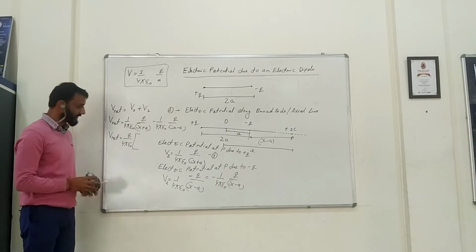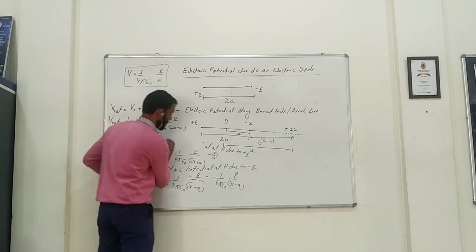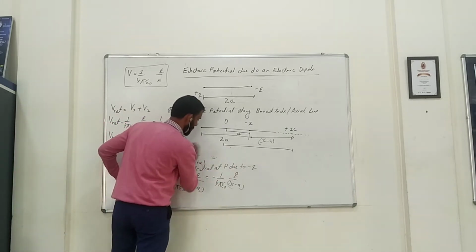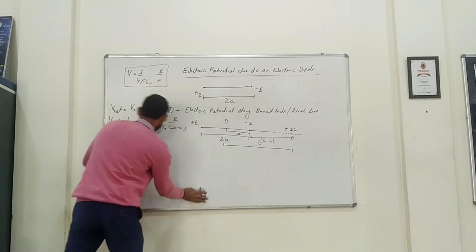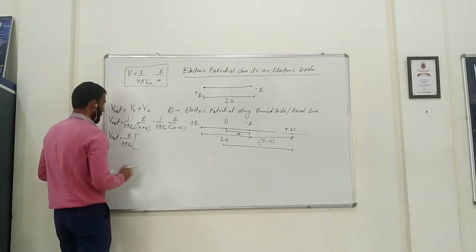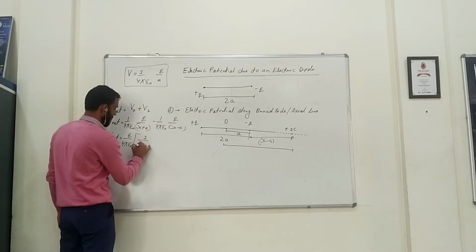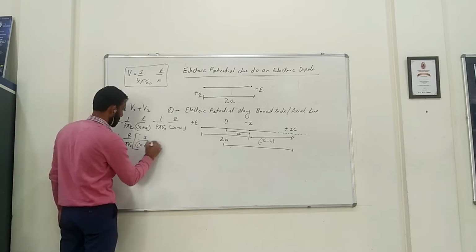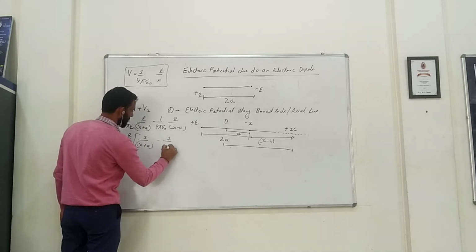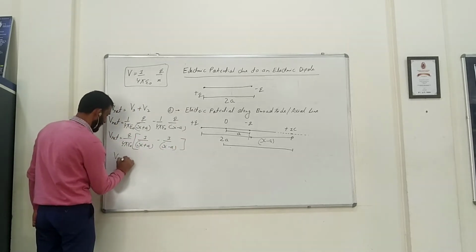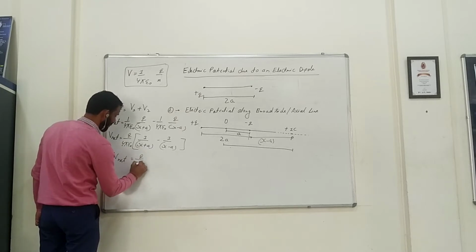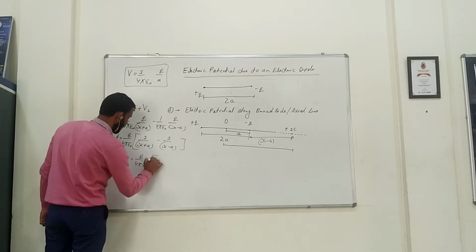1 upon x plus a minus 1 upon x minus a. So V net is equal to q upon 4 pi epsilon naught.